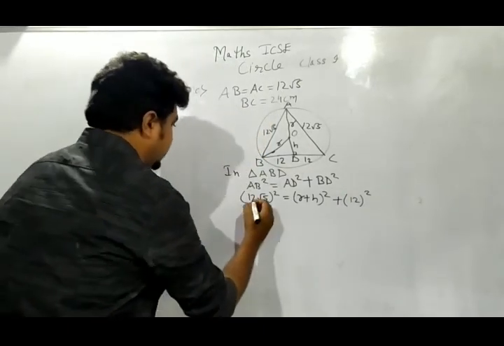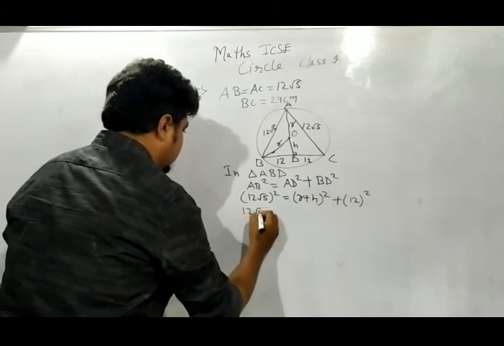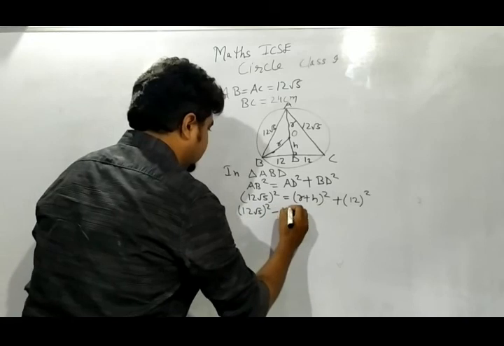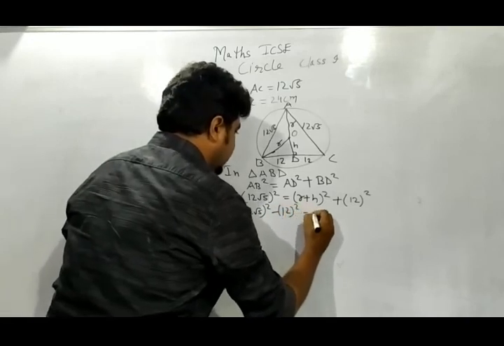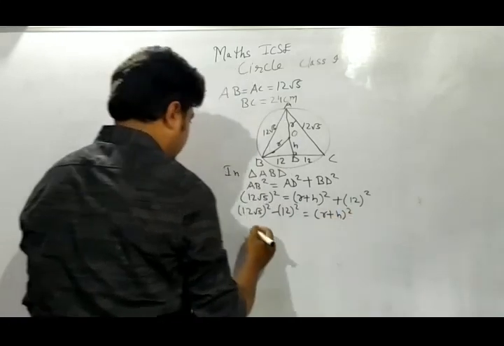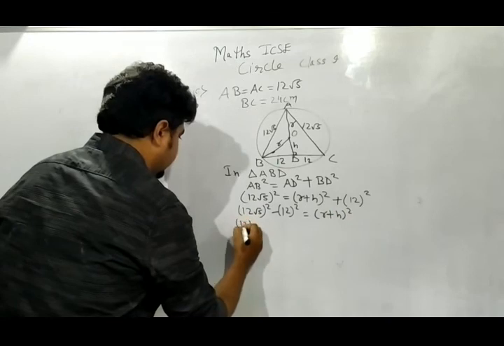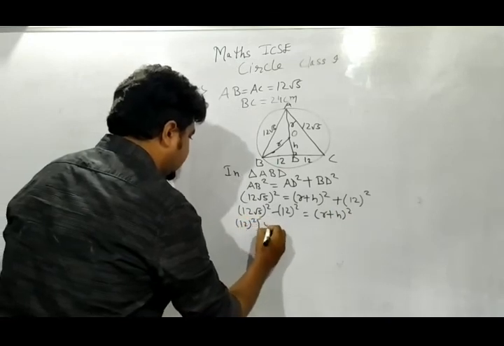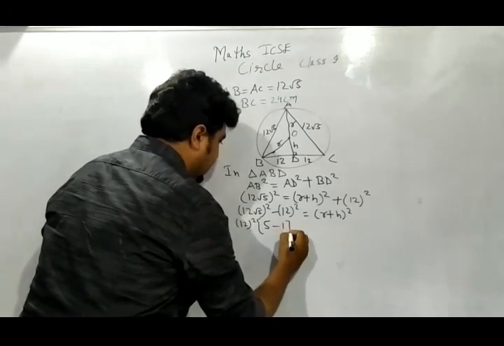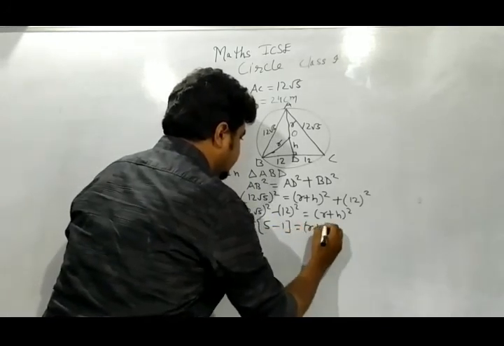So from here I can take 12 root 5 square minus 12 square is equal to R plus H whole square. I can take 12 square as common, and from here I will be getting 5, since root 5 square is 5, minus 1, is equal to R plus H whole square.